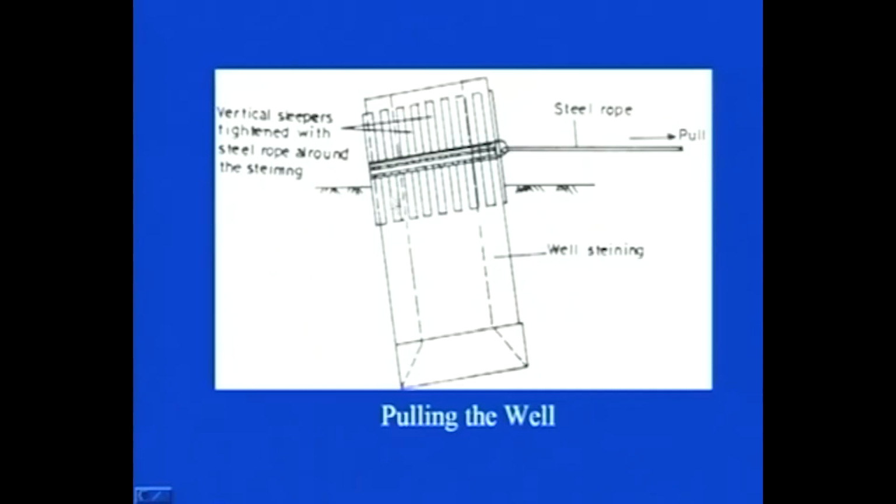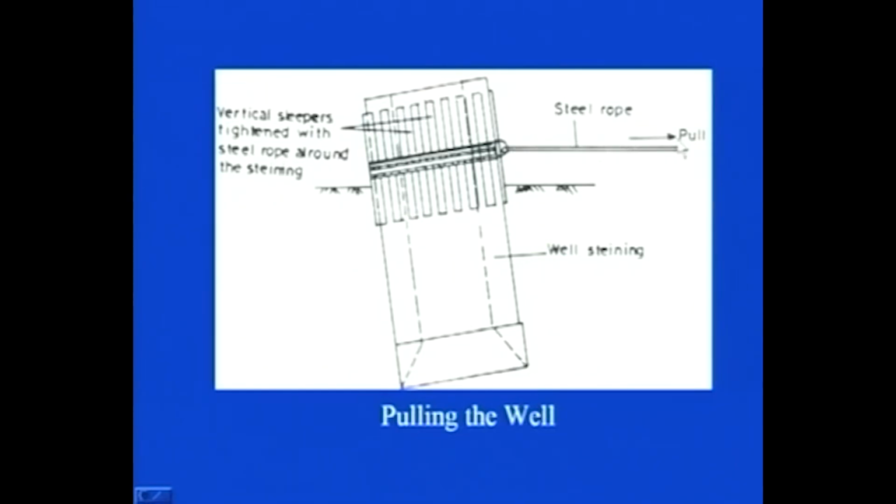You can see here that various vertical sleepers are tightened with a steel rope which goes all around the steining, and a pull is applied. This is the higher side and the pull is applied on the higher side.